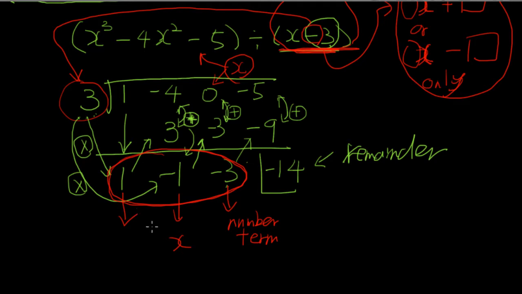And what would that be then? Number, x term, this would be the x squared term. So combine this coefficient with the actual term. This first number 1 would be interpreted as x squared, 1x squared to be precise. And this one would be negative 1x.